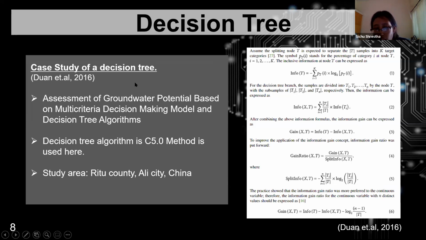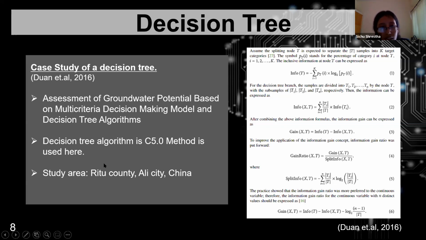In this study, RS and GIS data was used to prepare thematic layers like lithology, lineament density, topography, slope, river density, etc. Those were the parameters for determining groundwater potential, and those parameters, with the use of multi-criteria decision method, were integrated with decision tree algorithms like C5 and CART, and then used to determine the potential areas of groundwater.